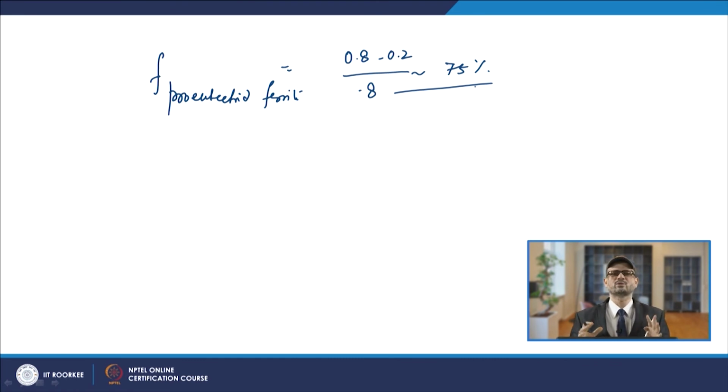If you calculate the eutectoid ferrite percentage, it will be about 0.22. If you sum them altogether, it will be 0.75 plus 0.22, so it will be 0.97. So 97% will be the total ferrite.